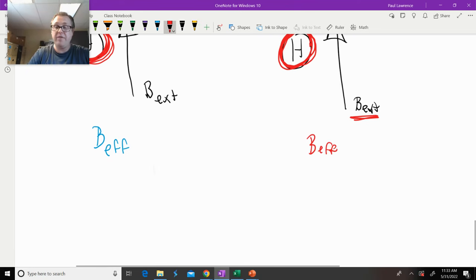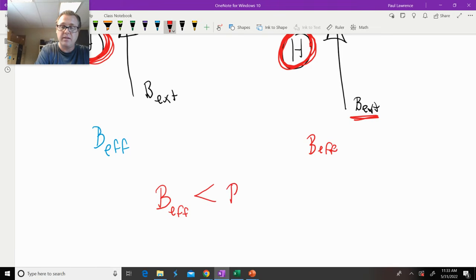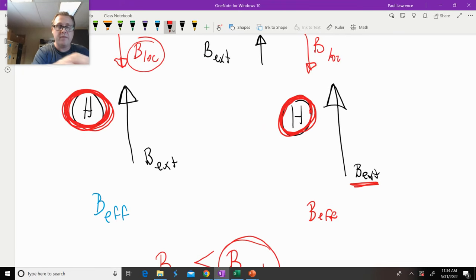So B effective is always going to be less than the external magnetic field. The external magnetic field is going to be greater than the local magnetic field.